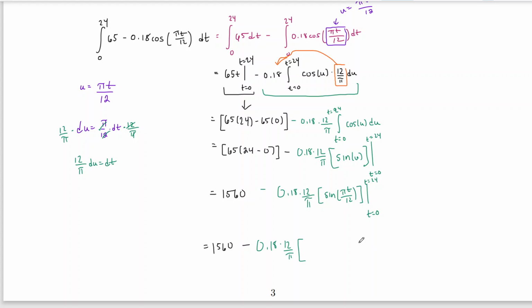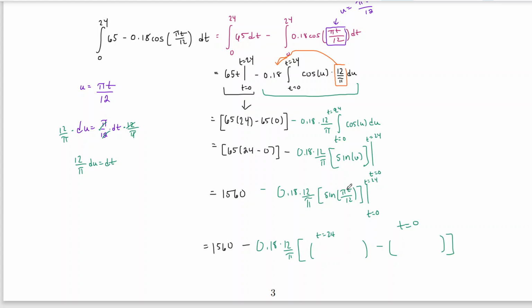And then I'm going to put a big bracket around and plug in t equals 24 minus t equals 0. All right, so this is sort of like the 65, and this is sort of like the t that we plugged in. I'm just going to apply this right away because it's much more helpful than actually writing this times this minus this times this again.